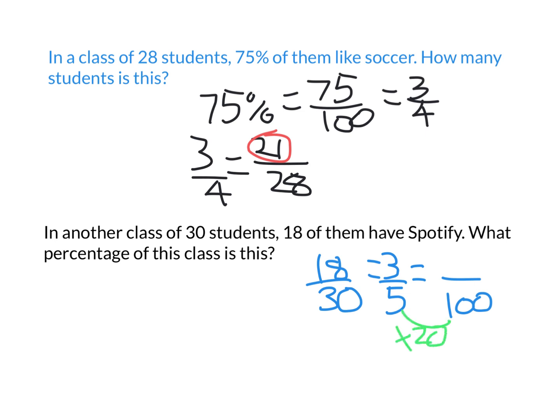So I'm going to times the bottom by 20. What I do to the bottom, I must do to the top. I'm going to times the top by 20. So 3 times 20 is 60. 18 over 30, 3 over 5 are equal to 60 over 100, which is 60%. So that means 60% of the class have Spotify.